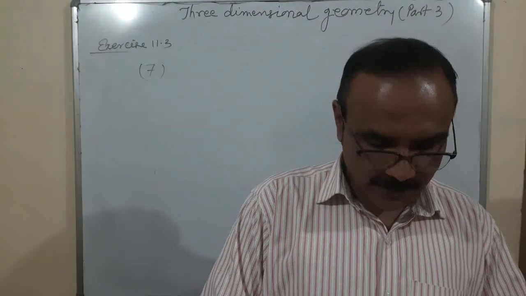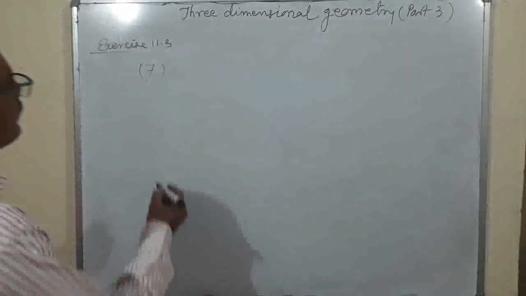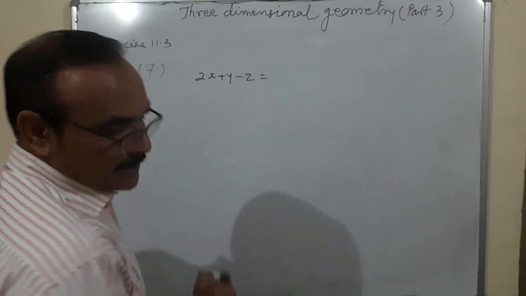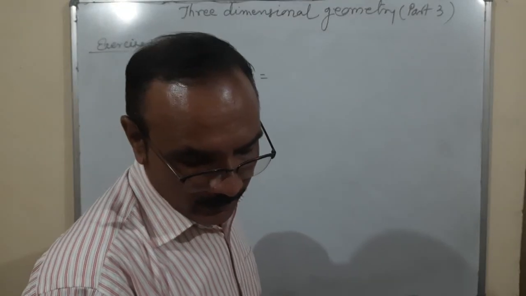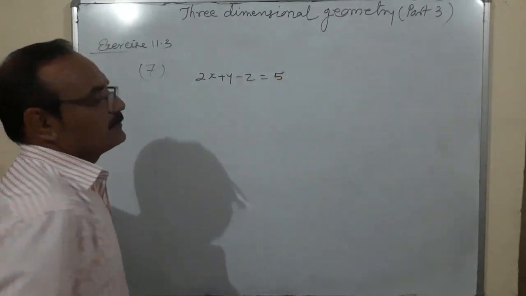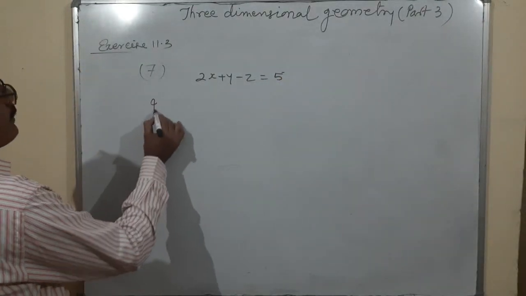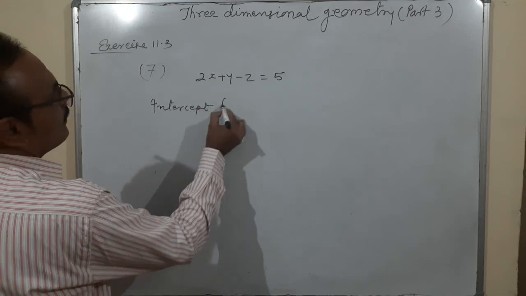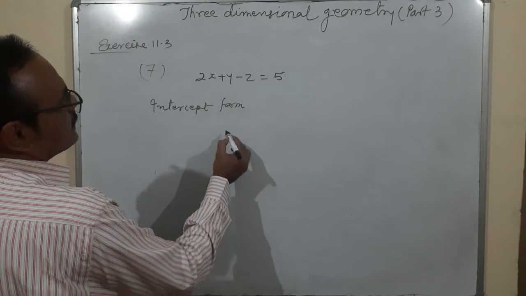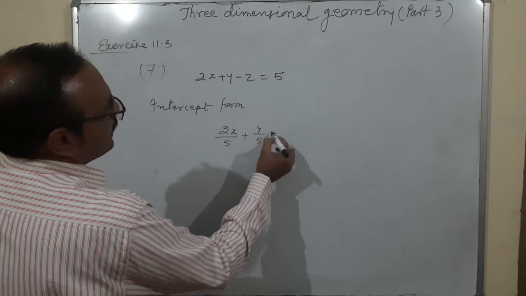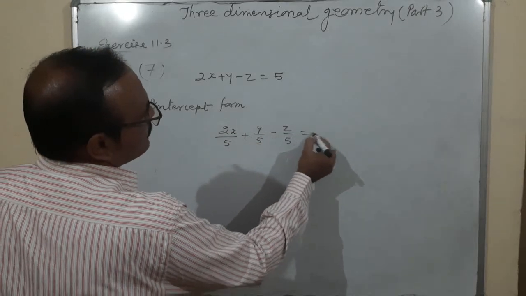The intercept form of 2x plus y minus z is equal to 5. For finding the intercept form, 2x upon 5 plus y upon 5 minus z upon 5 is equal to 1.